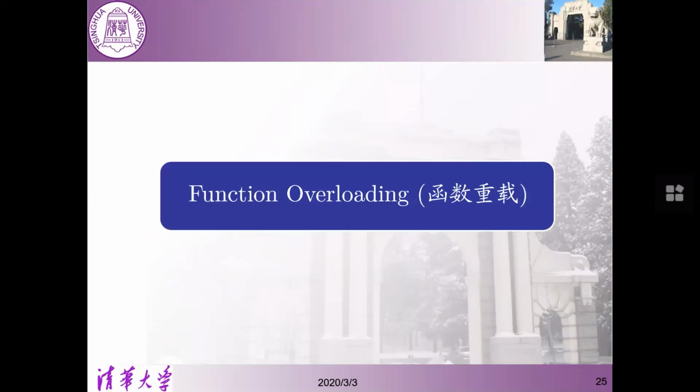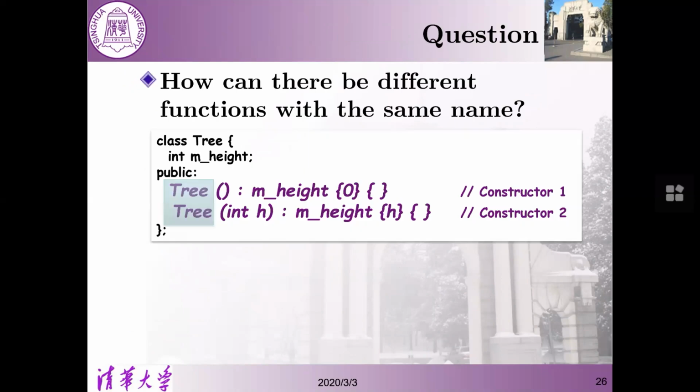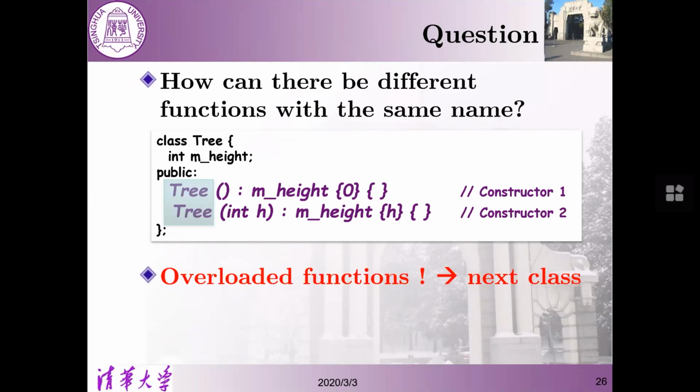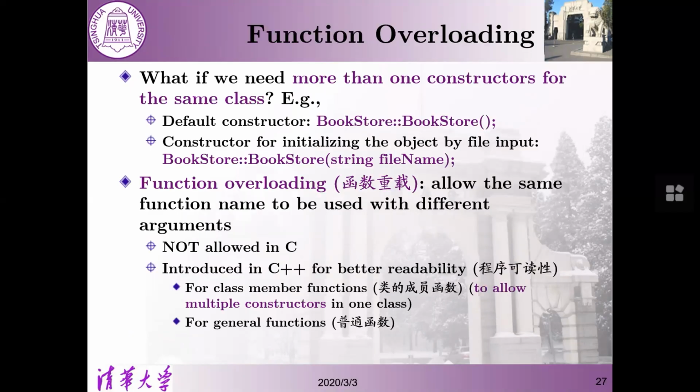So now we will learn function overloading. We learned from last class that we have different versions of constructors. Sometimes we need more than one version of constructors.